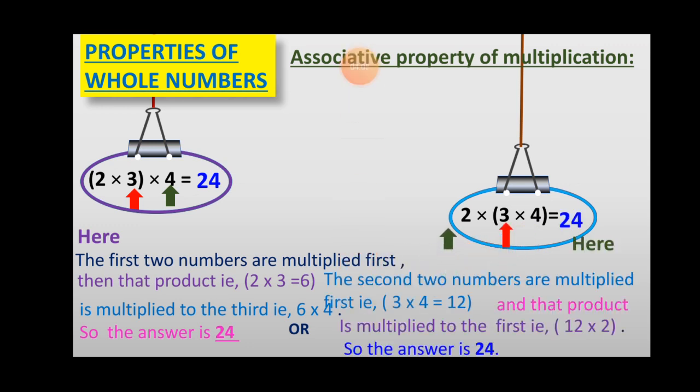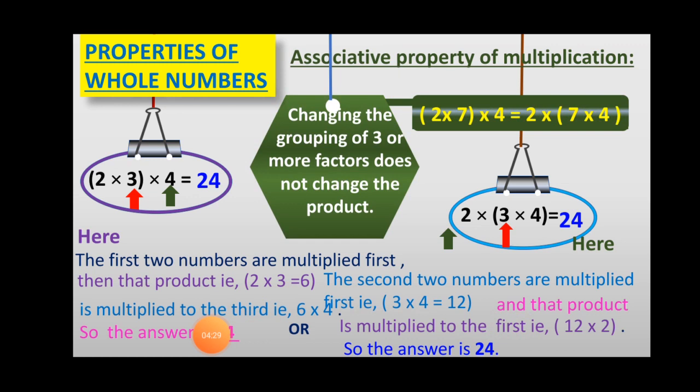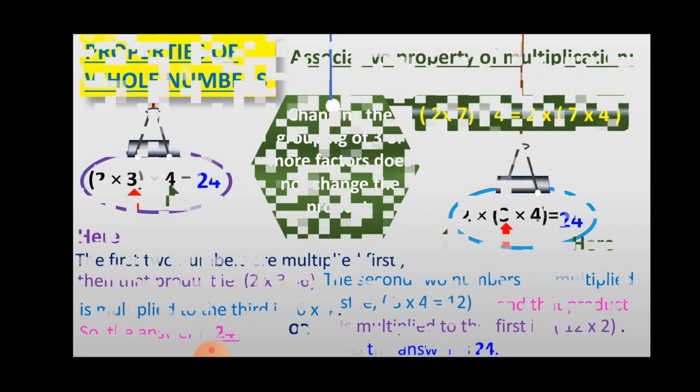When we obtained the product of the next two whole numbers, it was equal to 12, and then when we multiplied this product with the first whole number 2, the final answer we got was equal to 24. So children, we can say that this associative property of multiplication states that changing the grouping of three or more factors does not change the product.